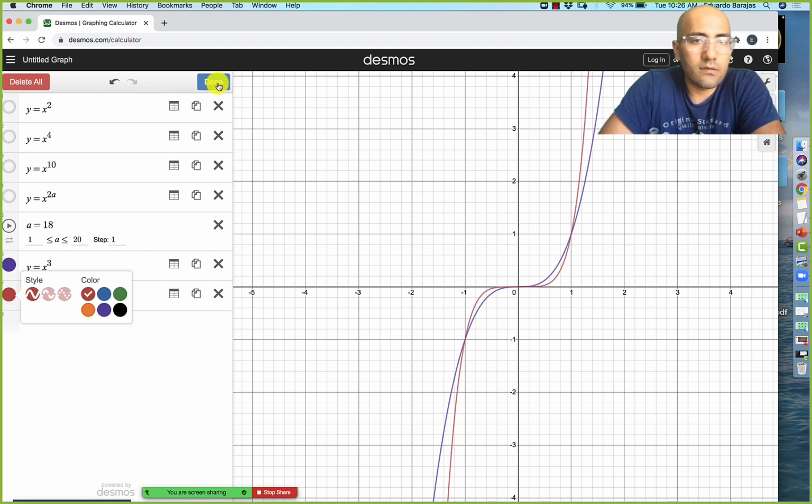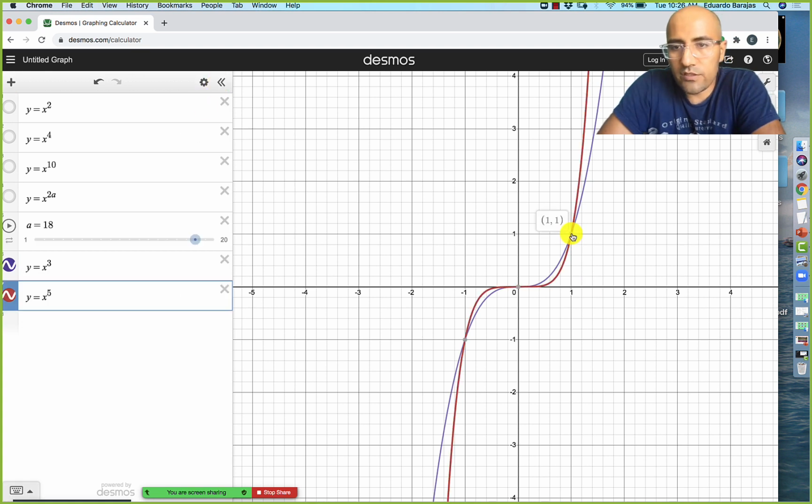Again, similar to the previous one. So they both still go through the point (1, 1), but to the right of that, x to the power of 5 is going to grow toward infinity faster. And then between 0 and 1, x to the power of 5 is going to go towards 0 faster.